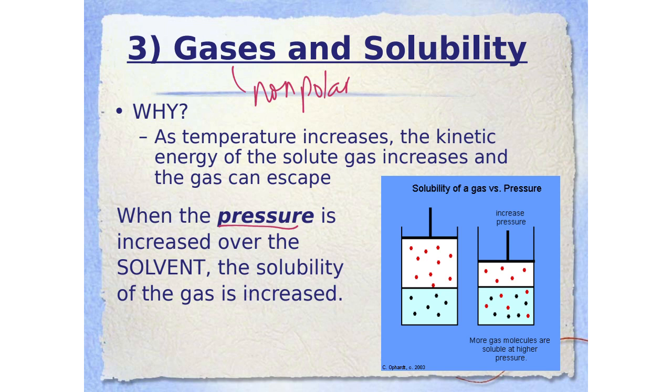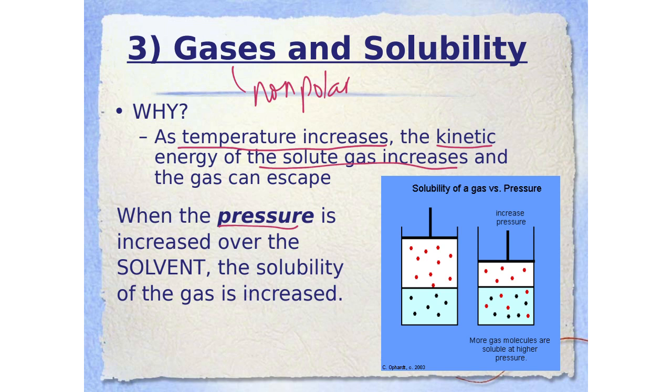Think of a carbonated beverage. A can of pop, for example. The minute you open up the pop can or untwist the cap of a bottle, you hear the gas escape. And we know that it was pressurized prior to that to force the gas molecules in. If you increase the temperature, you increase the kinetic energy of those solute gas molecules, giving them more energy to get out of solution rather than being forced inside.